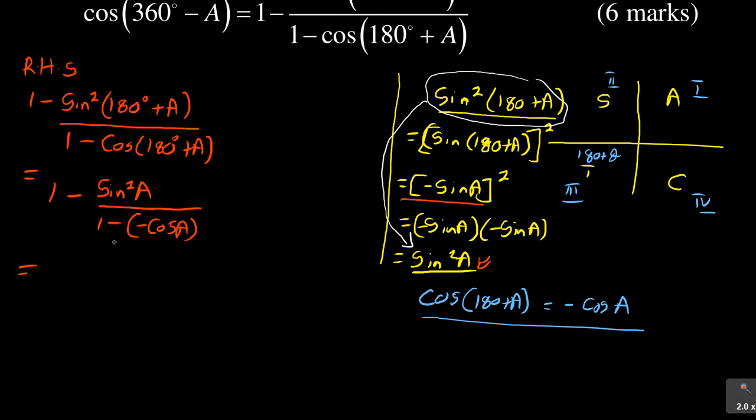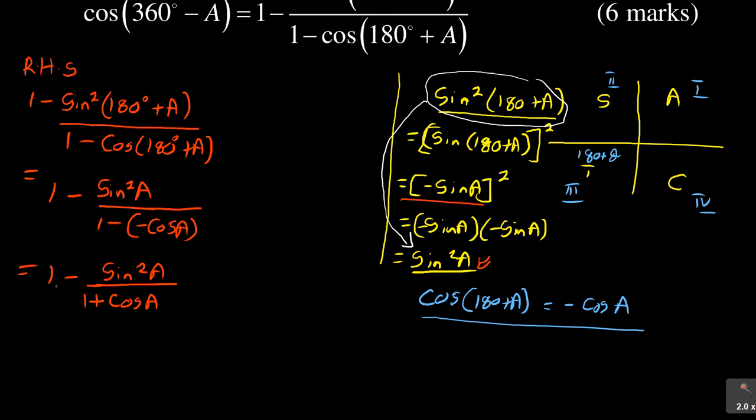It's a fraction, 1 minus sine squared A over, and with a negative and a negative becoming a positive, 1 plus cos A.